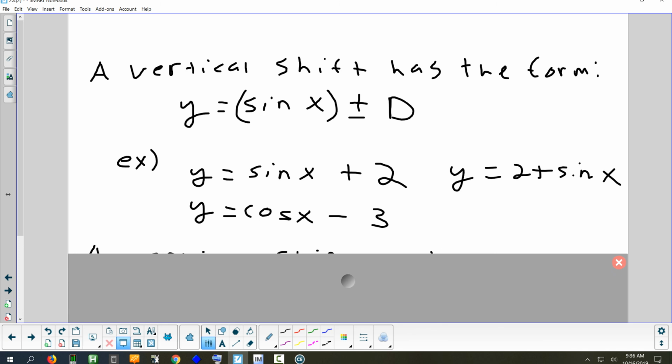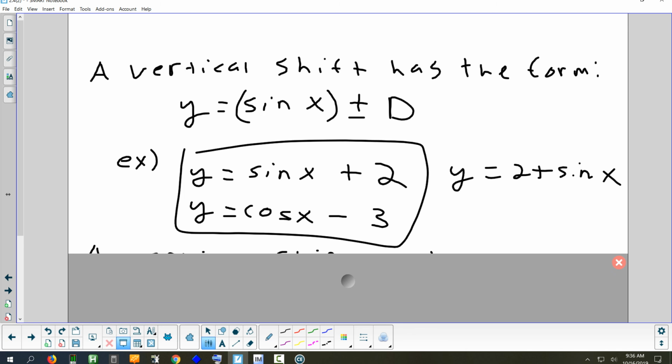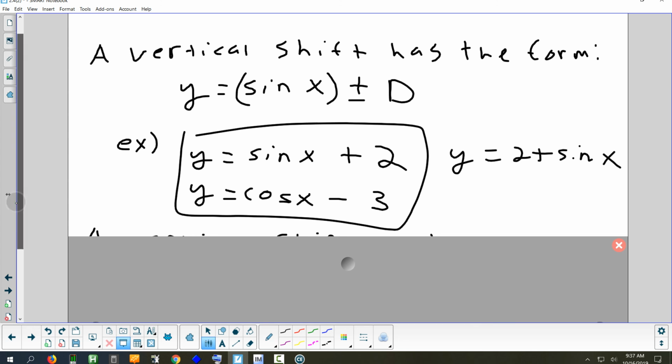When you add two things together, it doesn't matter the order. Like if I did 2 plus 7, 7 plus 2, sine plus 2, 2 plus sine, same thing. All right. I usually like to put it at the end. Okay, I like it like this better. But technically that is the same thing. Okay, addition or subtraction outside the parentheses.